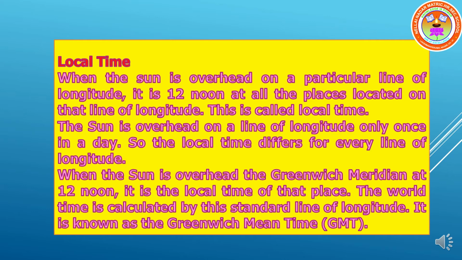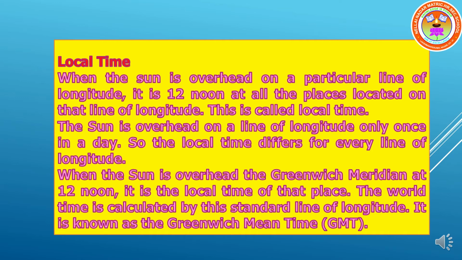So, the local time differs for every line of longitude. When the sun is overhead the Greenwich meridian at 12 noon, it is the local time of that place. The world time is calculated by this standard line of longitude. It is known as the Greenwich Mean Time, GMT.